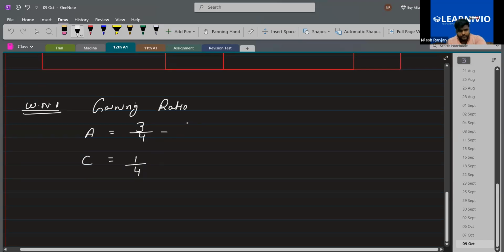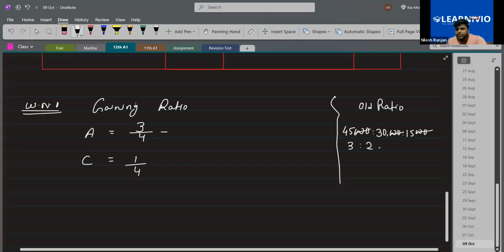Let me write this, then you will understand. The old ratio is in proportion to their capital. Their capital is 45,000, 30,000, and 15,000. So 3, 2, 1.